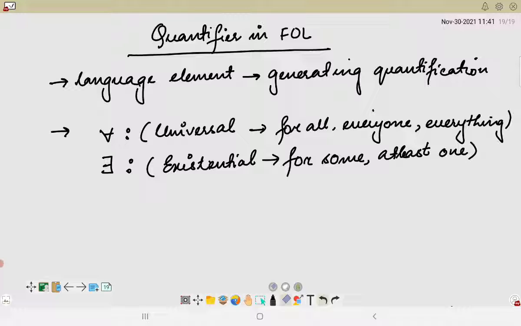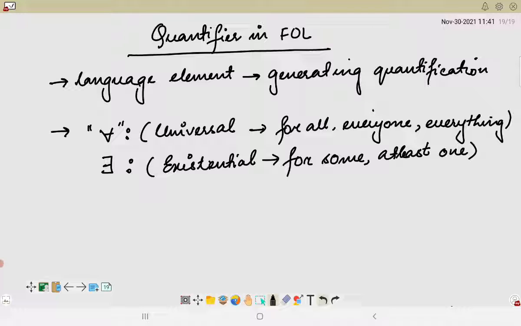Talking about the first one, the universal quantifier, it is a symbol of logical representation which specifies that the statement within its range is true for everything or every instance of a particular thing. We have already seen the symbol. It is used for every instance or for everything of a particular thing.